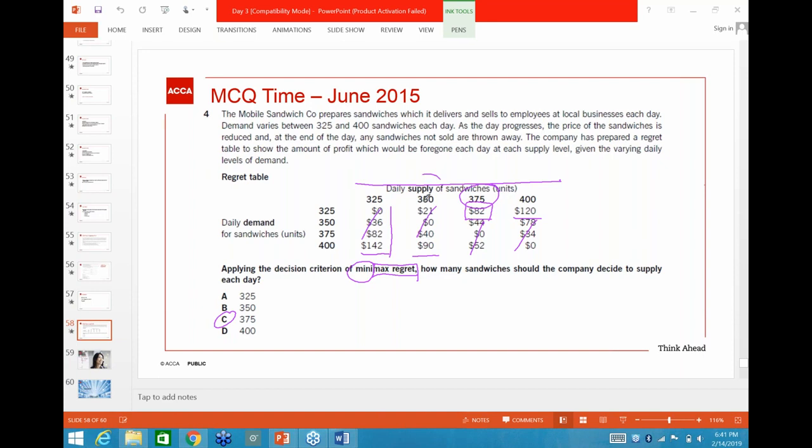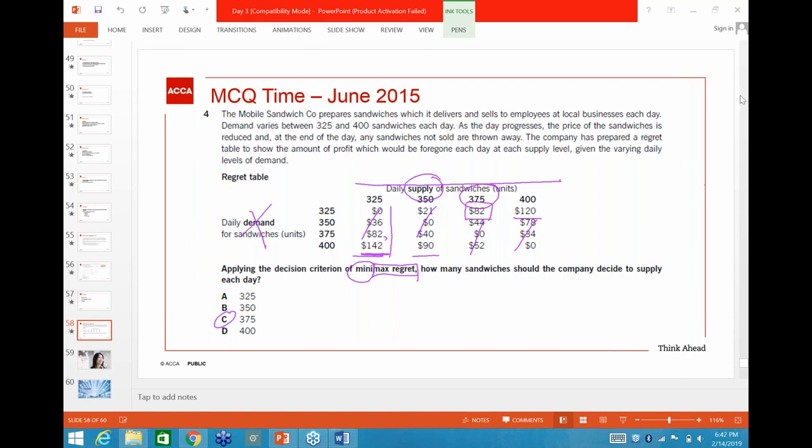Ideally, if I take supply, that's my controllable factor. I can't control demand. So your decision or your selection has to be based on the controllable factor. Not out of a demand of 3 to 5, but out of a supply of 3 to 5, because supply is my controllable factor. So I hope you got that.